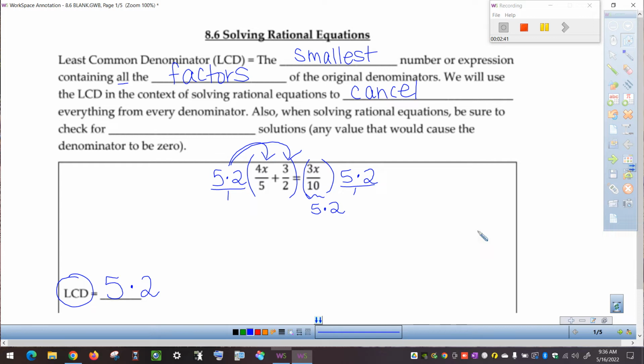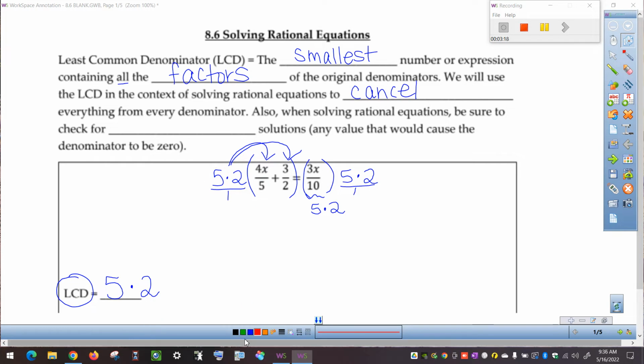That's important because when you multiply by the first fraction, 4x over 5, this 5 in the numerator can cancel with the 5 in the denominator. Canceling is only allowed when things are being multiplied on the top and bottom, and you have to have one factor on the top that's exactly the same as another factor on the bottom. So those are going to cancel.